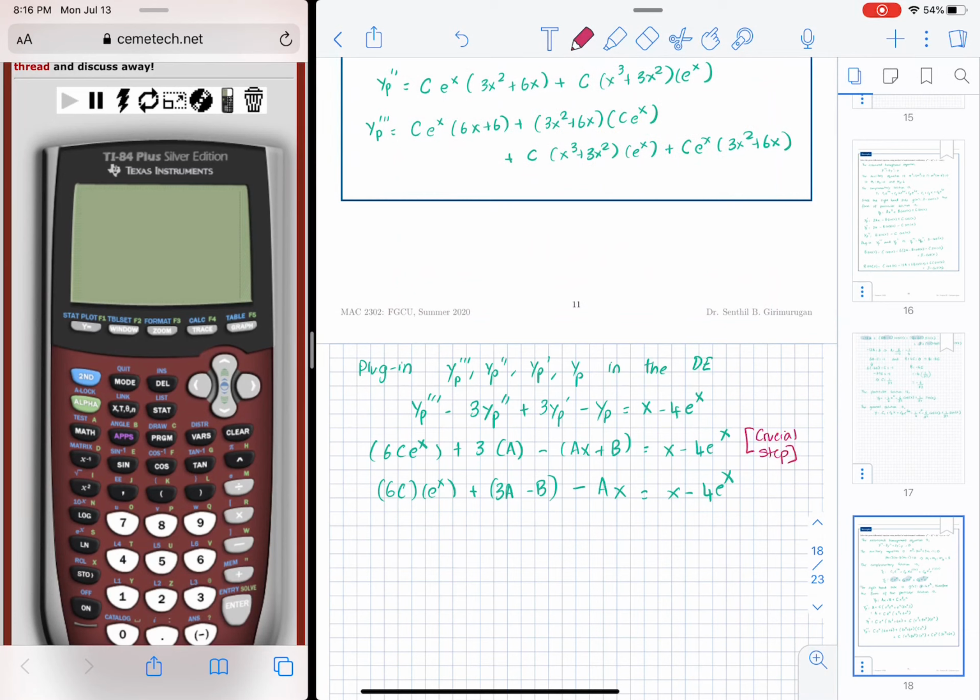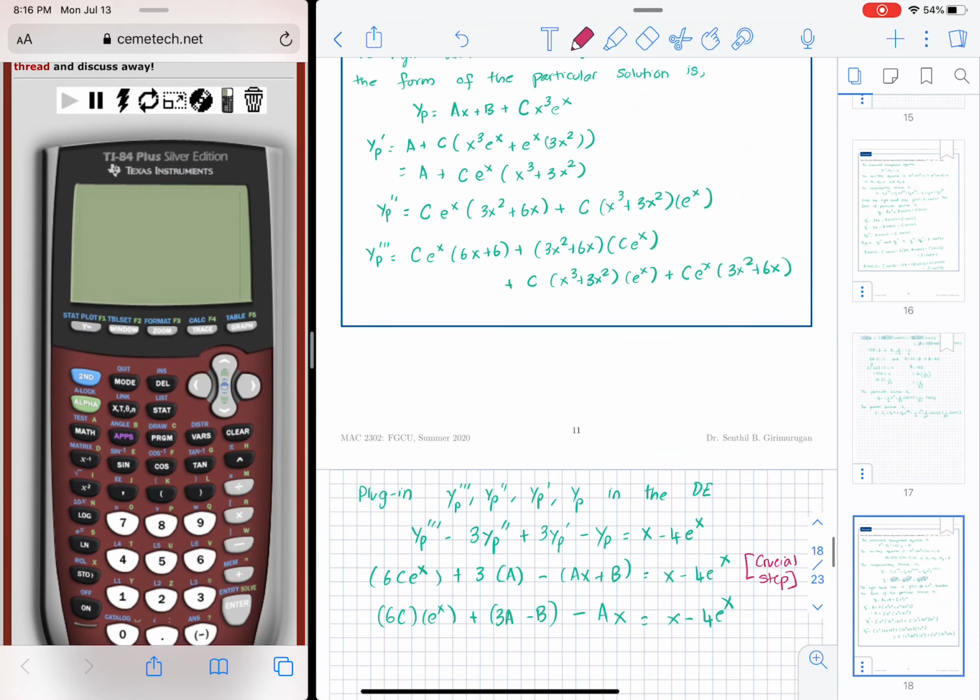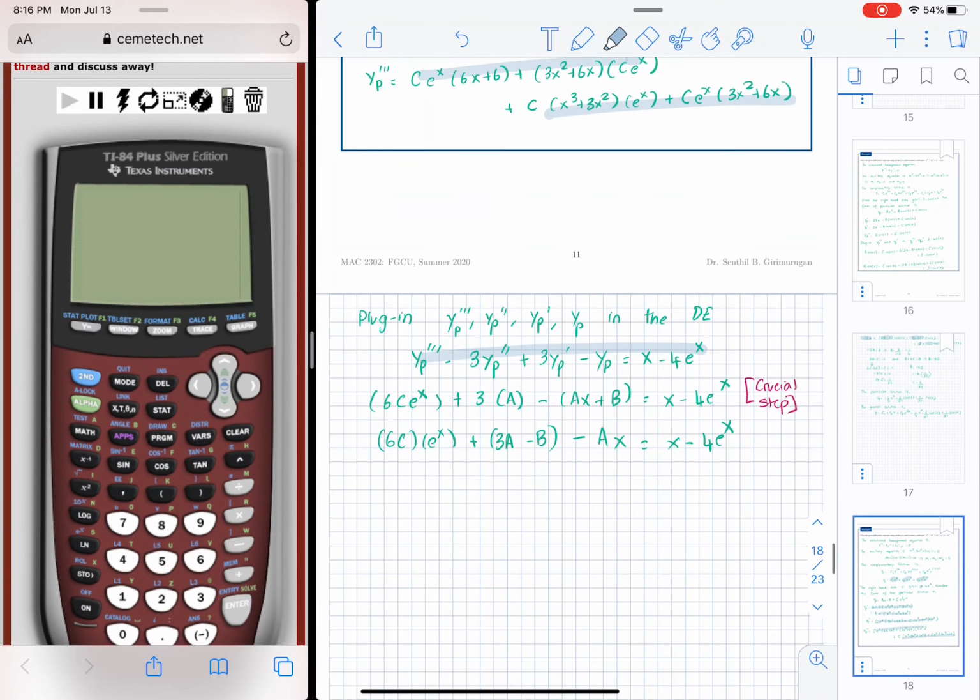You really don't want to plug in all of this in the equation here in order to find the constants a, b, and c. You just have to be wise, because I just want coefficients corresponding to these terms, the x and e raised x and constant terms. As long as you have enough equations, we could find a solution.